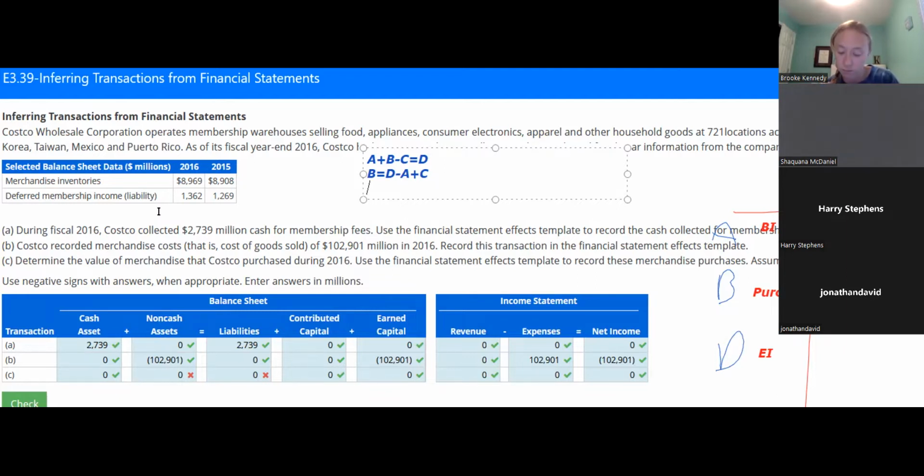I know my beginning inventory is right here. Is it 8908? Yep, 8908. I've got my ending 8969. So I've got 8908 here and 8969 here.